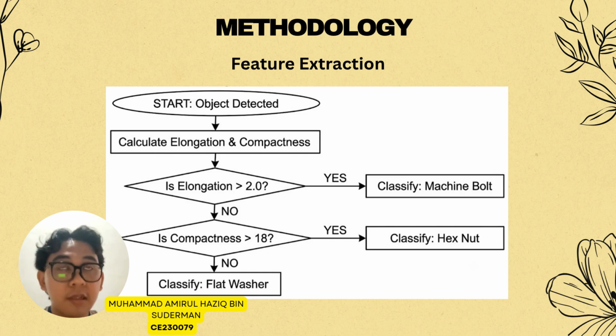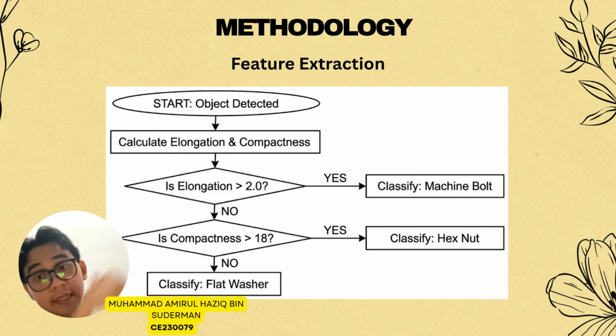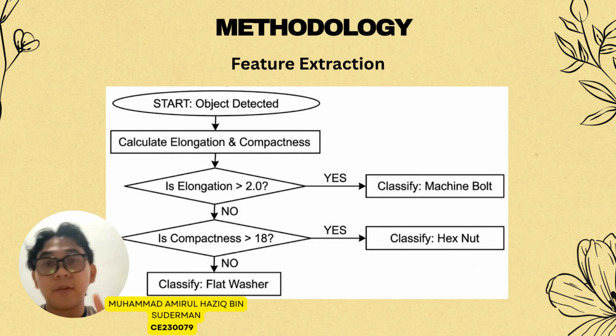If not, it checks the compactness. If the compactness is larger than 18, it is classified as a hex nut. If the compactness is not larger than 18, it is finally classified as a flat washer.